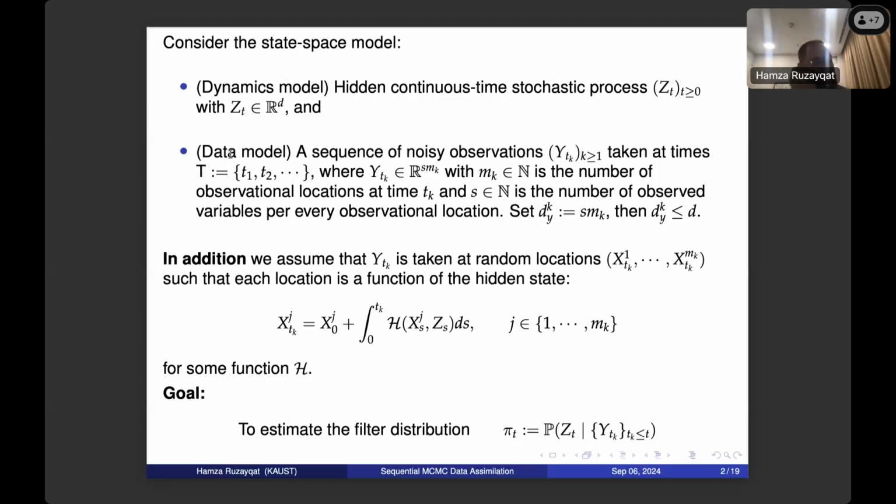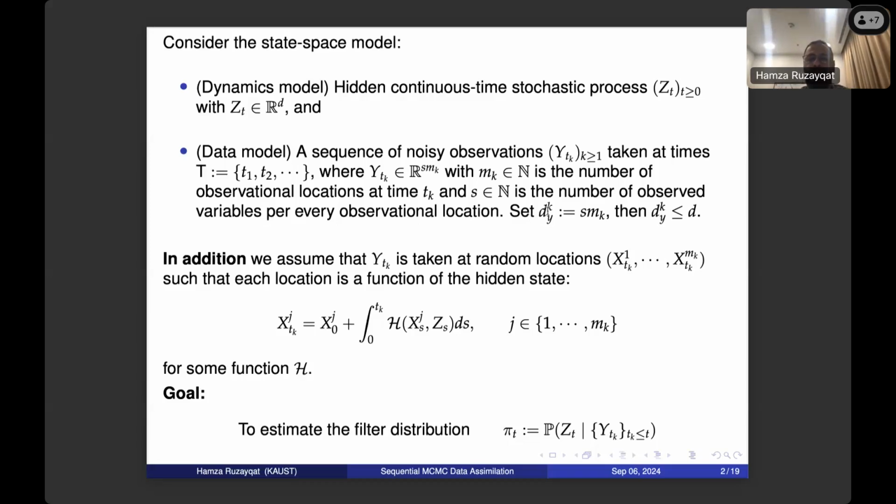And the data is a sequence of noisy observations at times t_k, k greater than or equal to 1. So it's at discrete times t_1, t_2, up to whatever. Each of these data vectors belongs to R^(S m_k), where m_k is the number of observational locations, for example, on a 2D grid, and S is the number of variables observed per observational location.